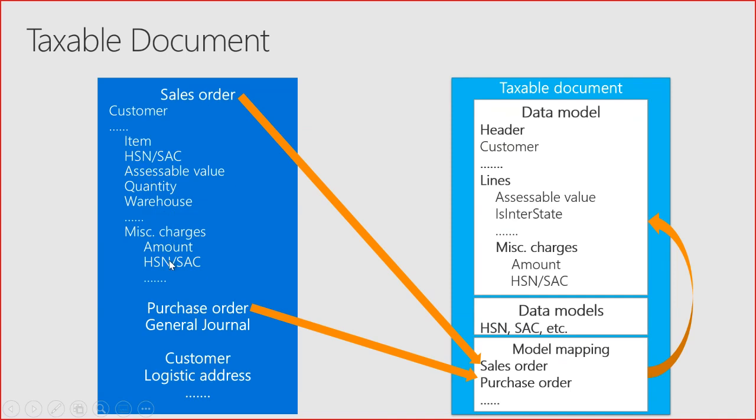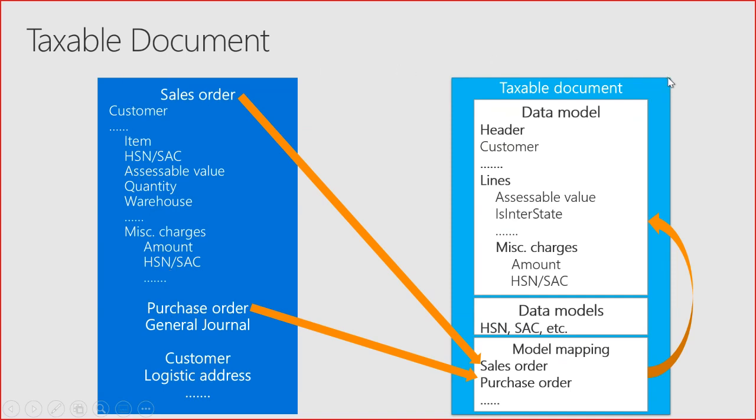So a lot of stuff, but here I only list the fields which are needed for tax applicability, for tax calculation, for tax posting. And of course, we have purchase order, which has similar fields as I listed in the sales order part, and also for general journal. So all these are taxable document, source document, right?